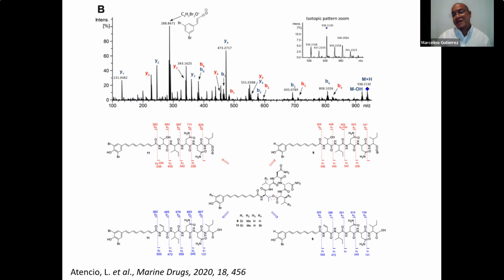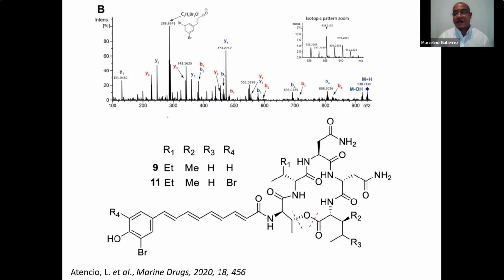We confirmed the identity using tandem MS/MS, and you can see the structure of the 2 new compounds that were published in Marine Drugs. So this shows that mass spectrometry is a powerful technique to dereplicate compounds and also identify compounds, even without making separations or obtaining pure compounds.